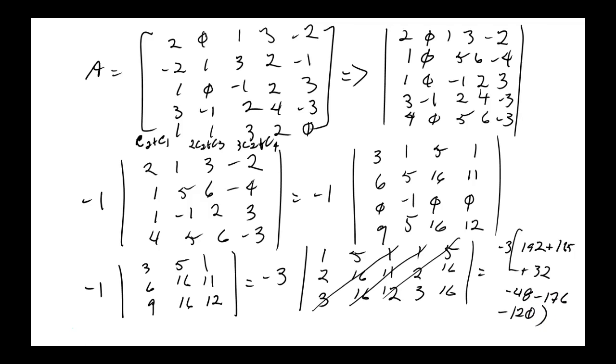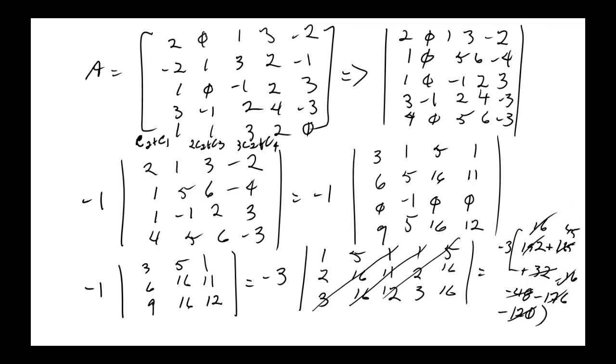Okay, is there any easy way to do these additions? 192 minus 176 would be 16. I can just key them all in if you like. Okay, that'll be fine with me. This will be a 45, and this will be a minus 16. Minus 16 and plus 16 go out.